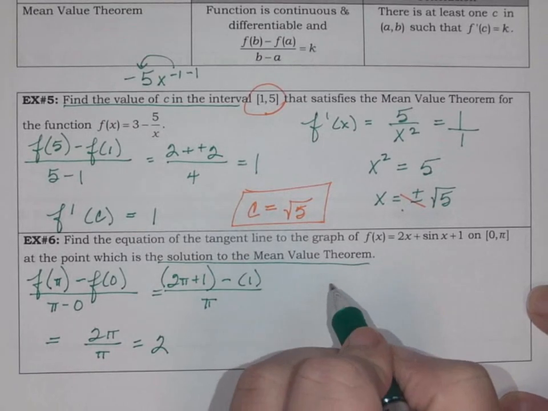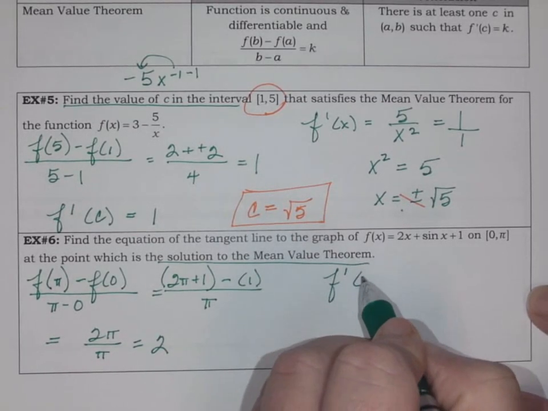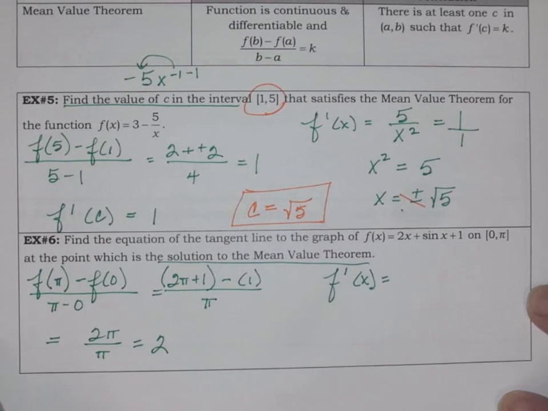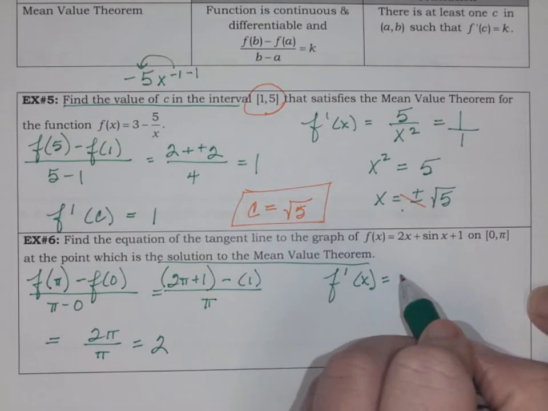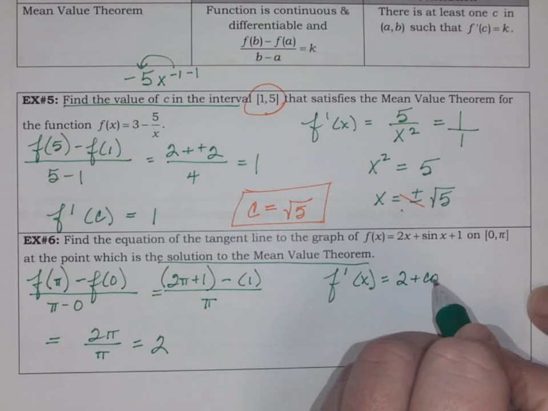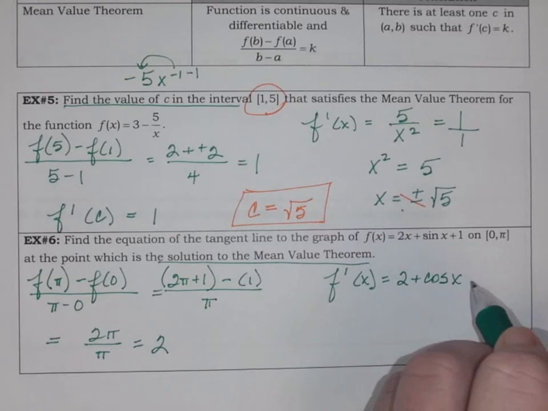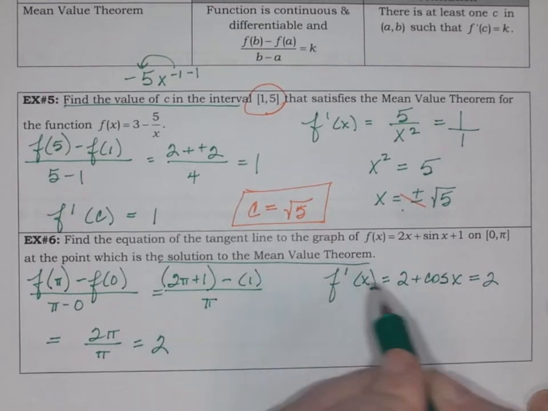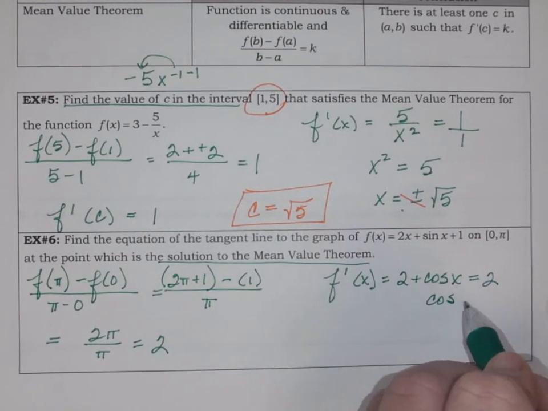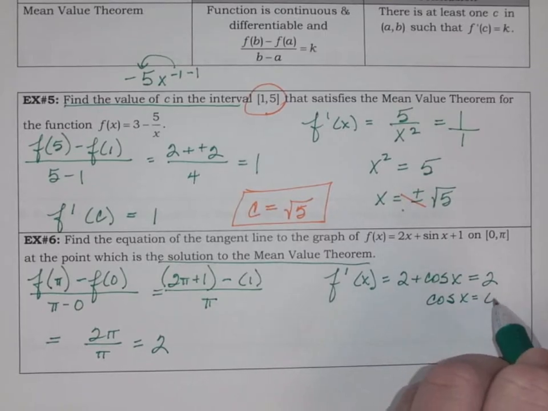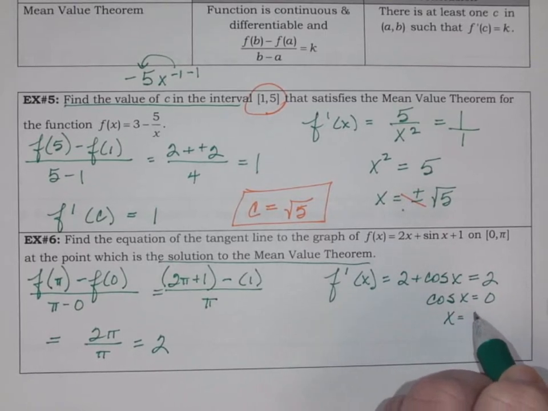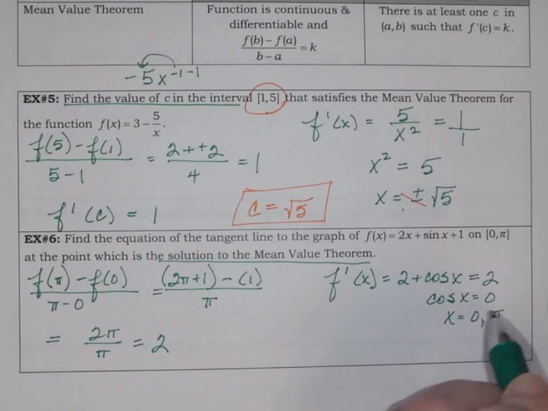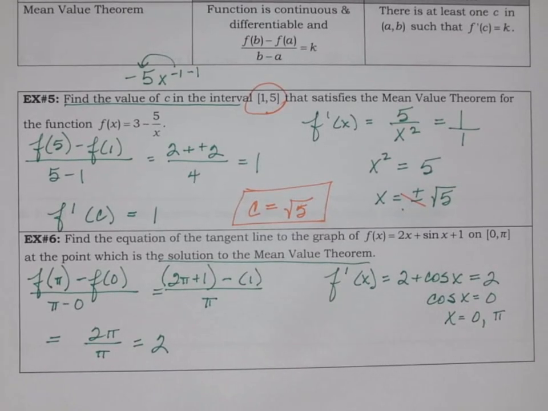So now I want to take my derivative, f prime of x, and I want to find the x value where my derivative is 2. So the derivative is going to be 2 plus cosine of x, and we want to know where that's equal to 2. So that would be cosine of x is equal to 0, so x is equal to 0 and pi, no, that's not right.